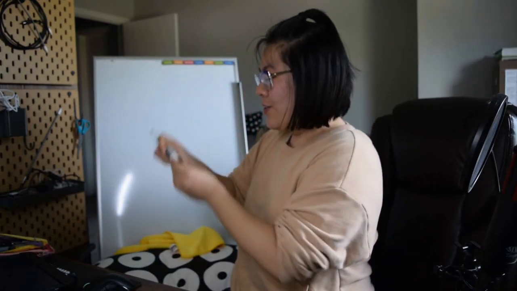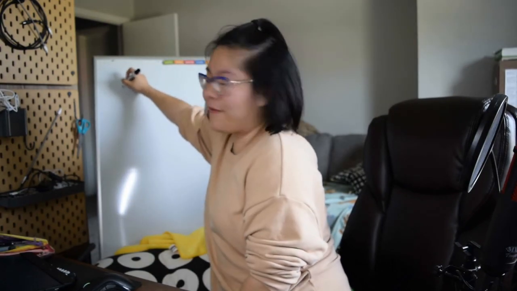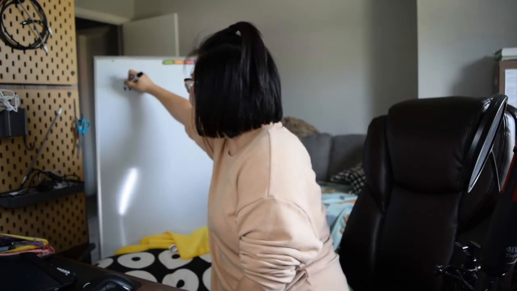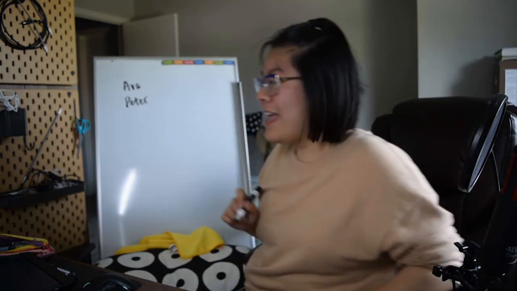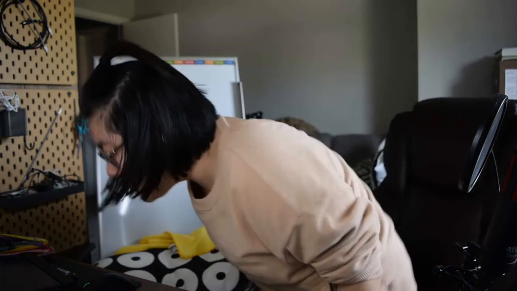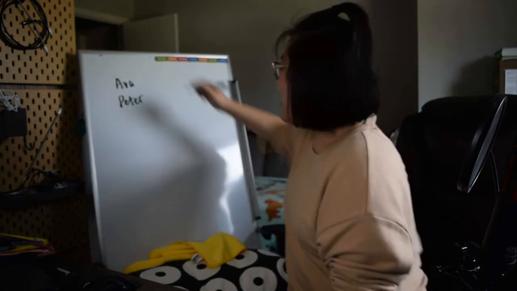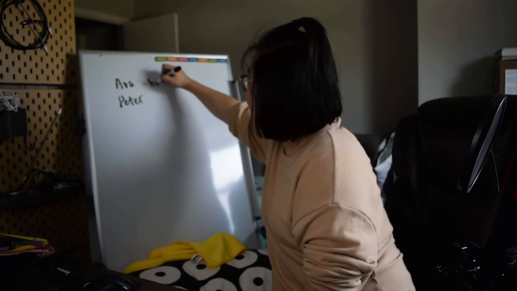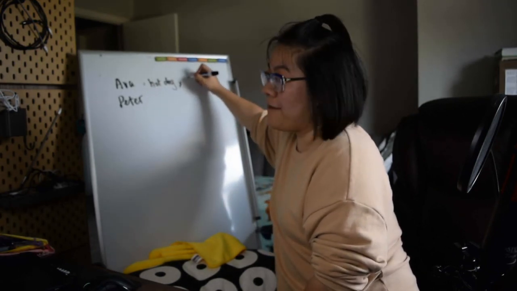All right. So let's have two of my students, say Ava and Peter. I asked them, hey guys, what did you have for lunch today? And Ava said, I had a hot dog, and French fries.